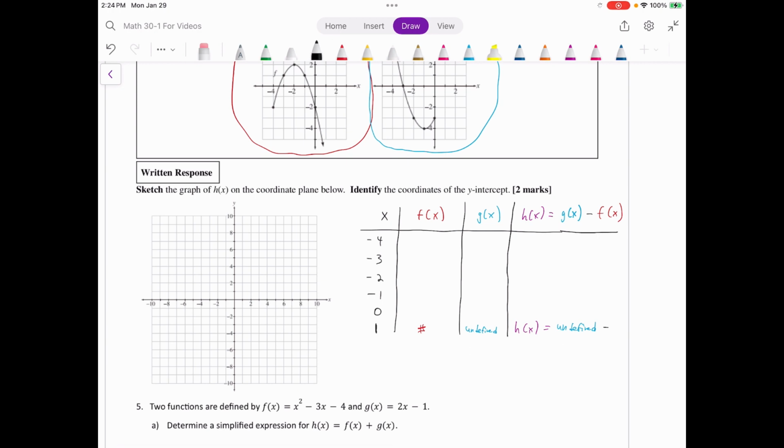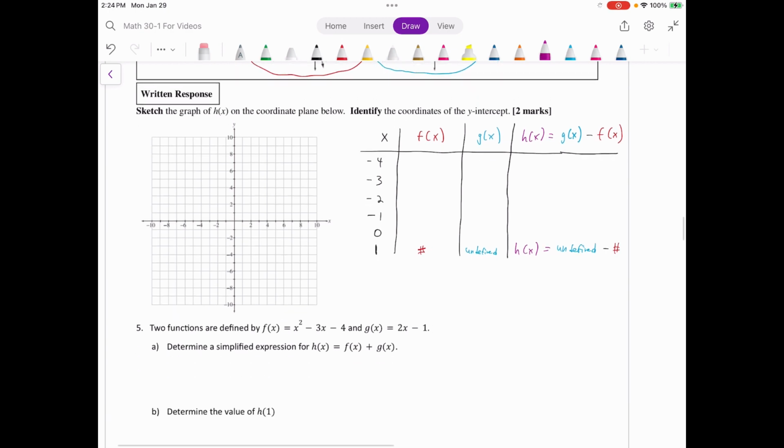Now, it doesn't matter that we are subtracting some number. It's still undefined, right? You can't say that undefined minus something is defined. How could that be possible, right? You can't get a defined answer if it was undefined to begin with.